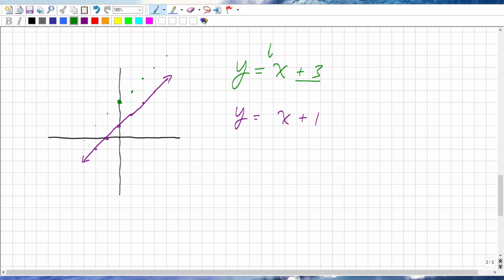And then I ask myself, all right, here's my second line. There's my first line. And when are these lines ever going to intersect? Never, right? By definition of parallel lines, they don't intersect. These are parallel lines. So if they never intersect, what can we say is the solution?